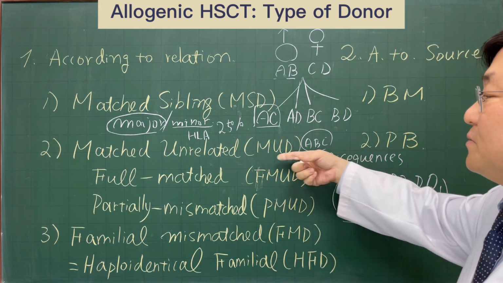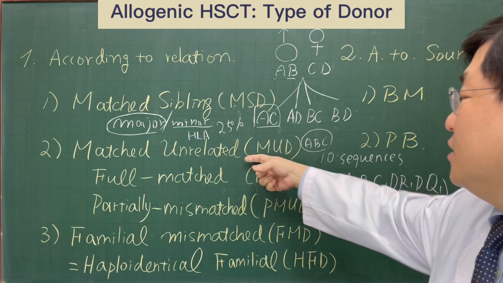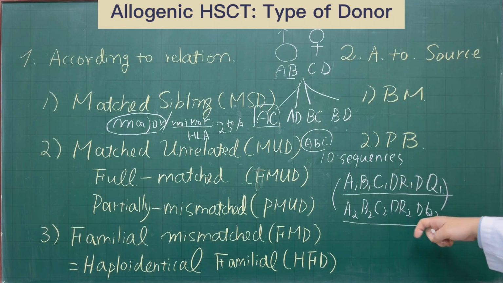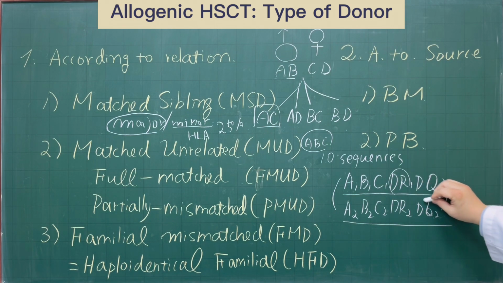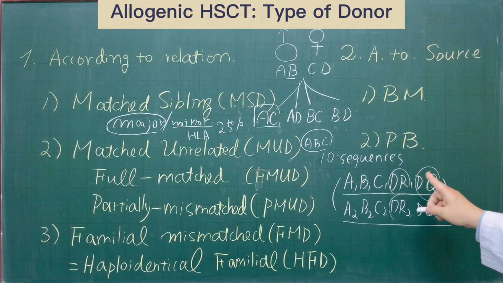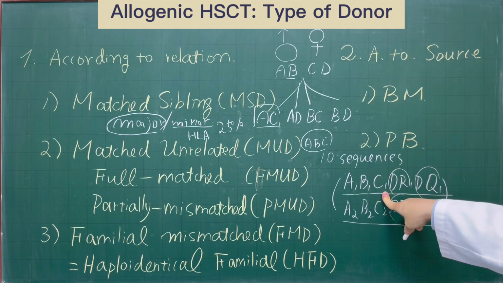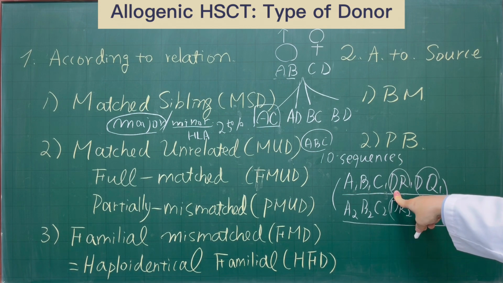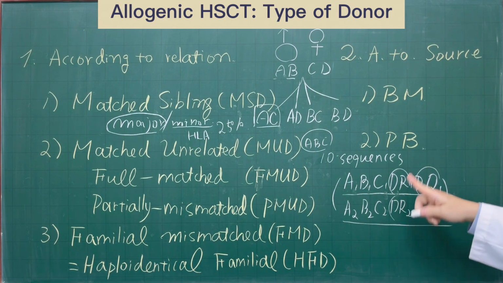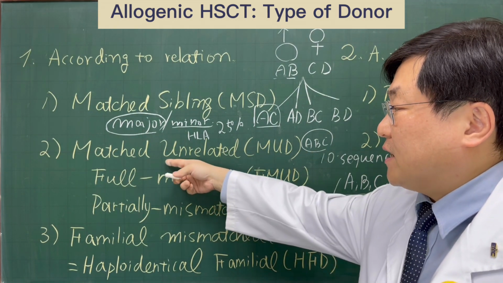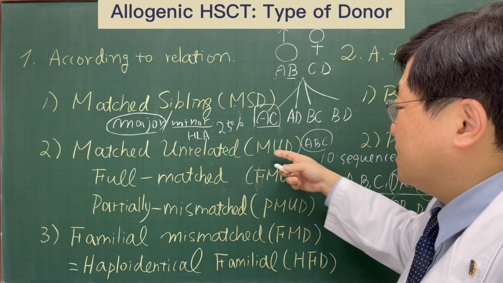And if the candidate agrees with the donation, we have to check all the molecules, including DR and DQ. When all the 10 sequences of HLA molecules are identical between the patient and the donor candidate, we call this kind of donor a matched unrelated donor.